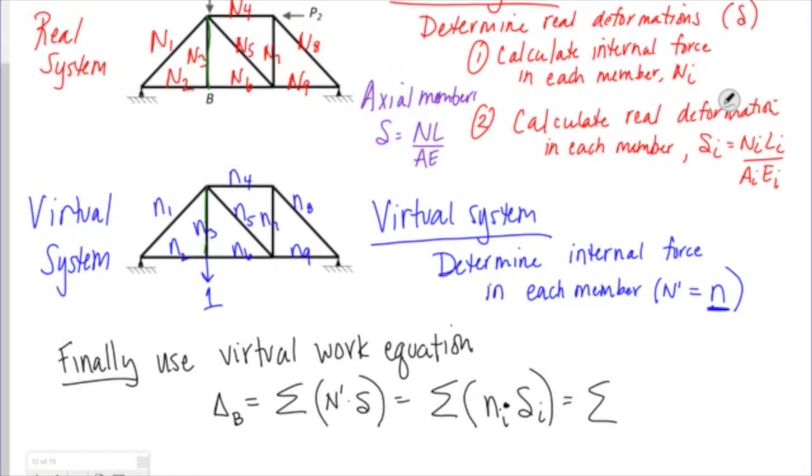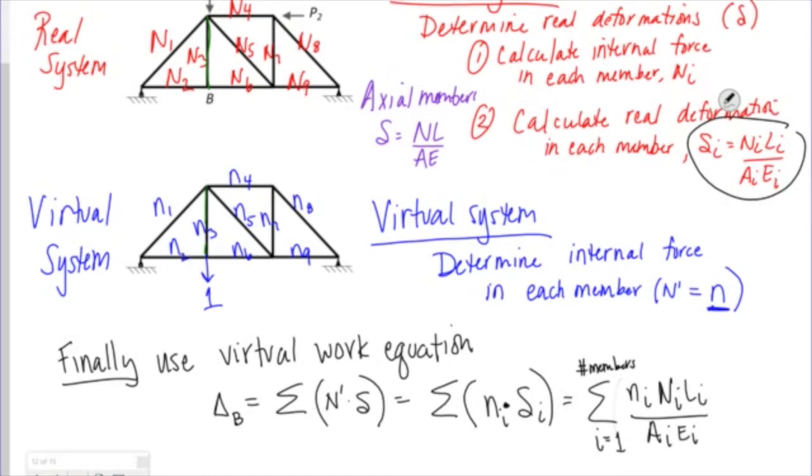And that is equal to ni times, I'm going to take that equation, Ni li over Ai Ei, and sum it from i equals 1 to your number of members.